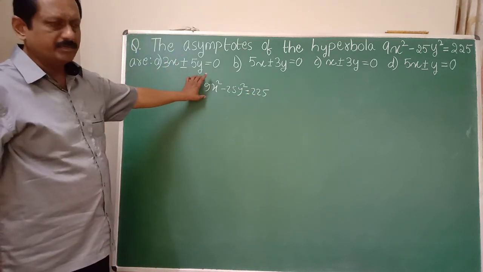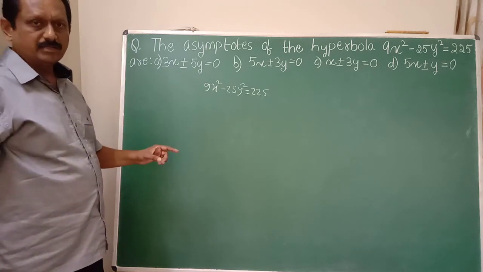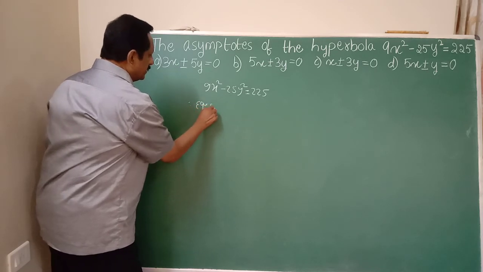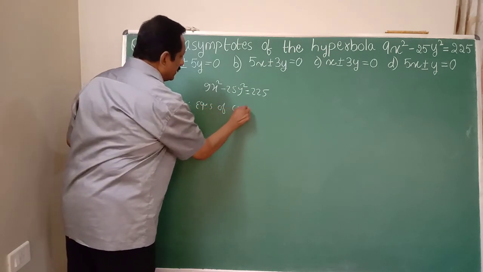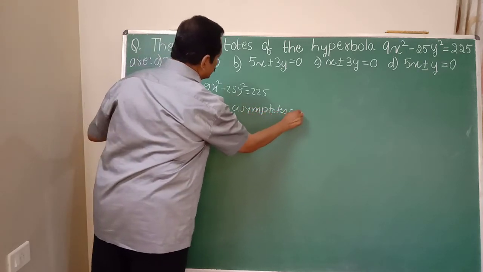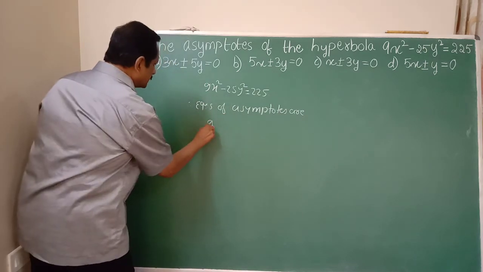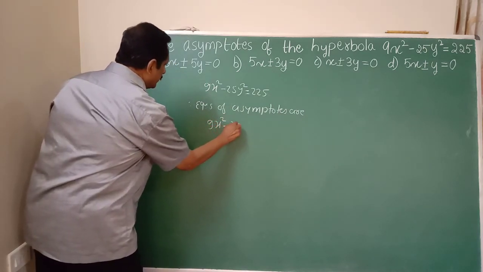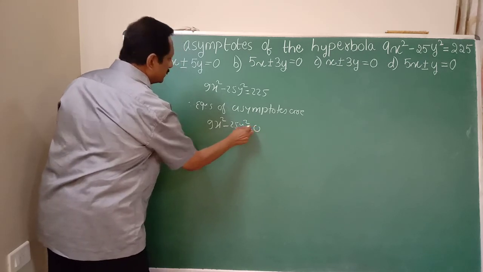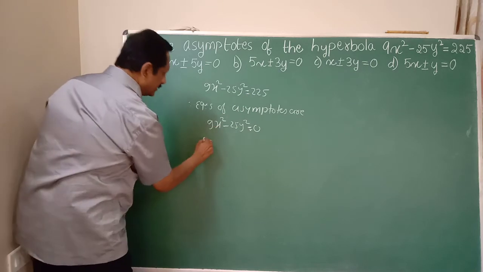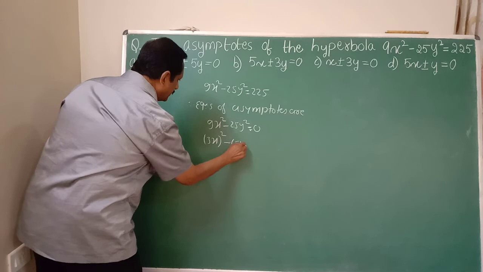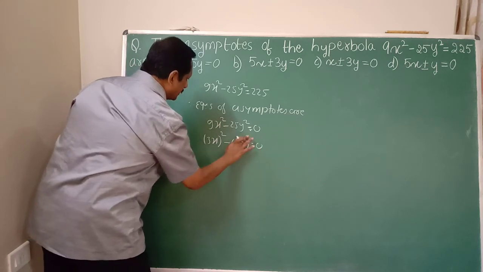This is the equation of the hyperbola, and here we want the equations of the asymptotes. Therefore the equations of the asymptotes are given by 9x² - 25y² = 0. Just take the RHS as 0, and this can be written as (3x) squared minus (5y) squared equal to 0.